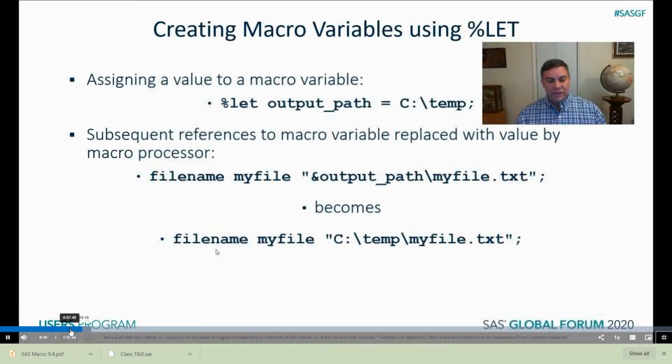So now we have file name, my file, and then C:\temp\myfile.txt. That is what actually gets passed on down to SAS for execution. The macro processor stepped in, did its job of replacing the macro variable reference with ordinary text, and then finding no more macro variable references, it sent what was left down to SAS for execution.